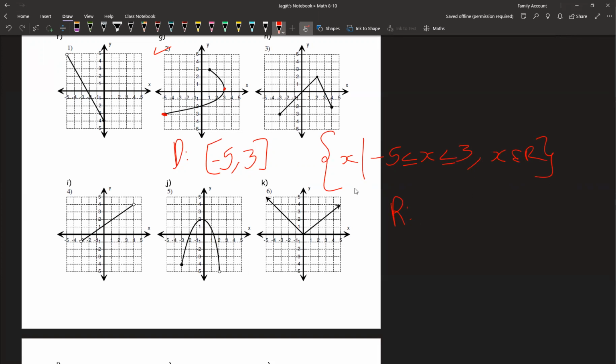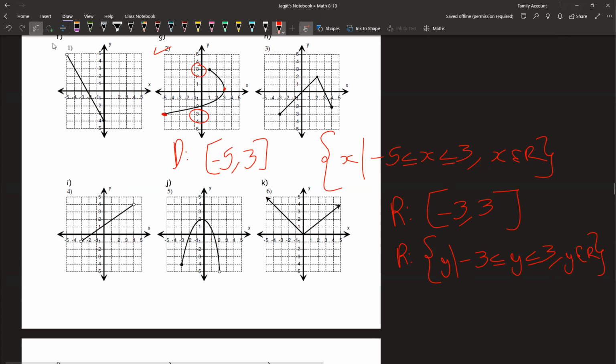For the range, you're going from y value of -3 to 3, where both of them are included. So close bracket from -3 to 3. Or you can write your range as ranges for y, where it's between -3 and 3, where y is all real numbers. And you should be able to do the rest of the graphs.